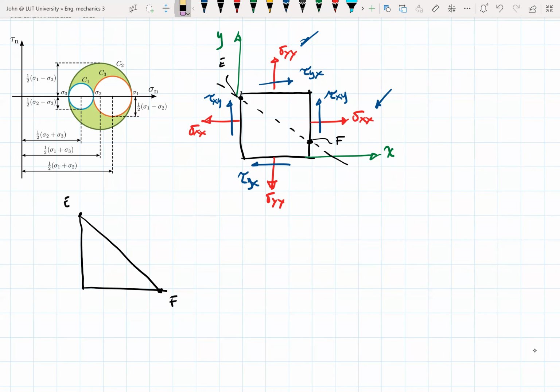Good. I will write down the stresses acting on this wedge. Definitely, I will have normal stresses acting in these faces. Also, I will have the corresponding shear stresses in here.